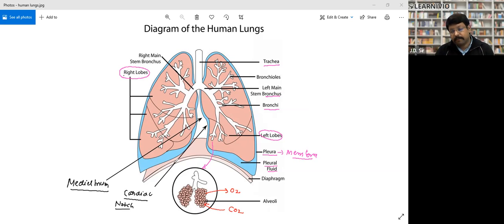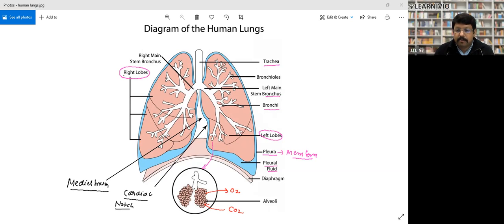There are 300 million alveoli found in lungs. Full stop. Keep on writing in this same point.